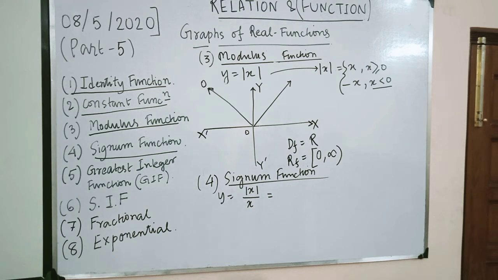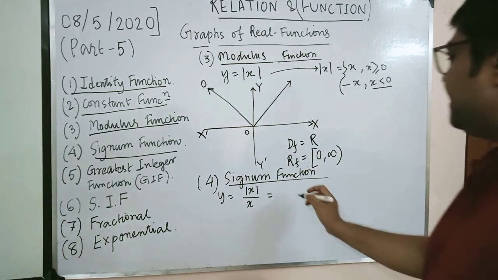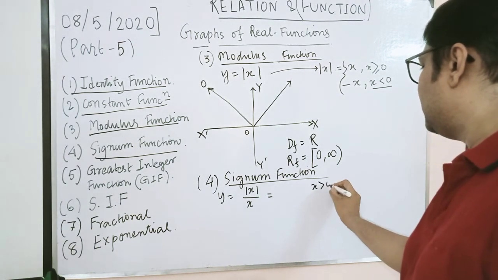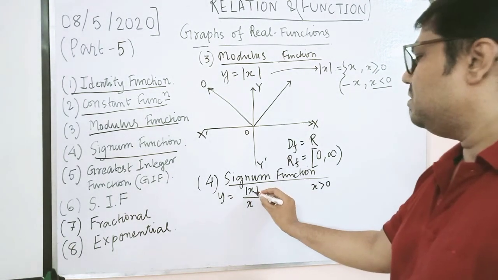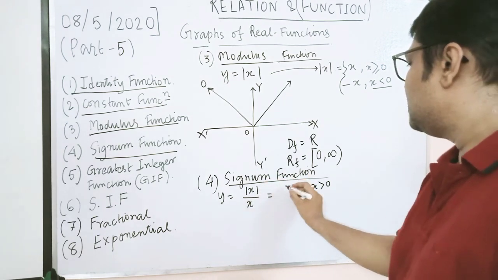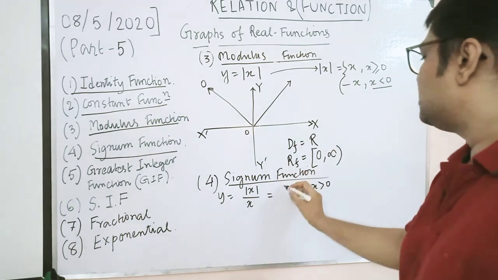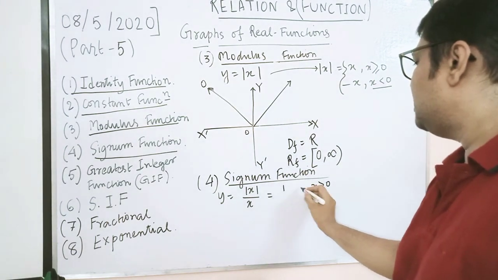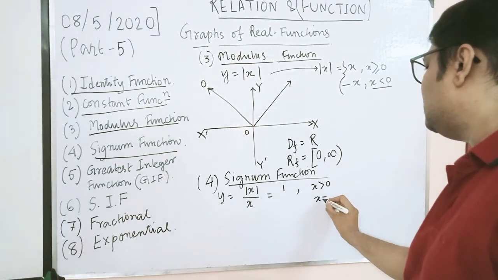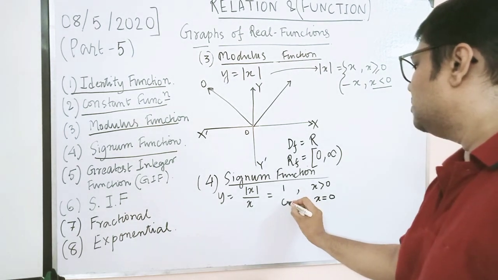So what we do, we write here, if x becomes positive, so mod x becomes x, like this we wrote. So x by x becomes 1. When x equals 0, it's given as 0.